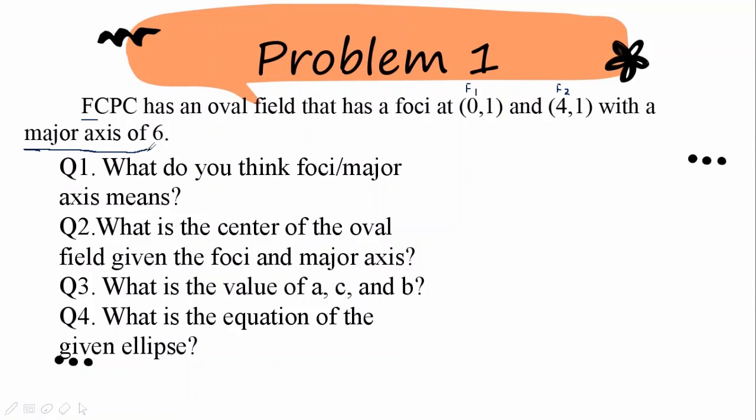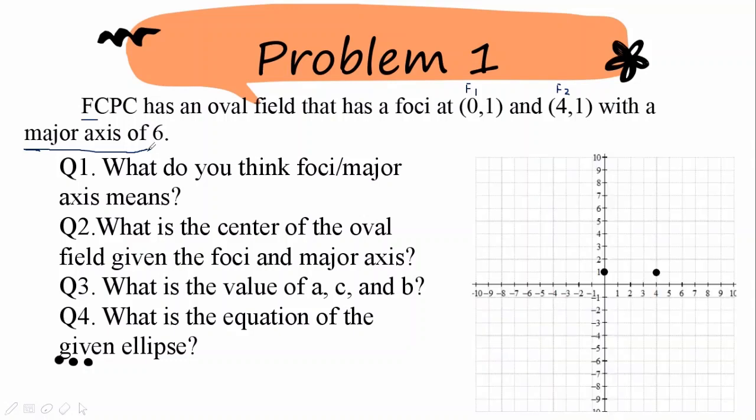For us to really understand or visualize problem number 1, we can plot the foci on the Cartesian plane, to see what is going on, what our ellipse is, and what the parts are. So focus 1 is (0, 1).